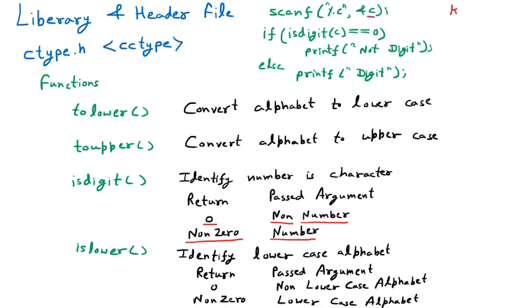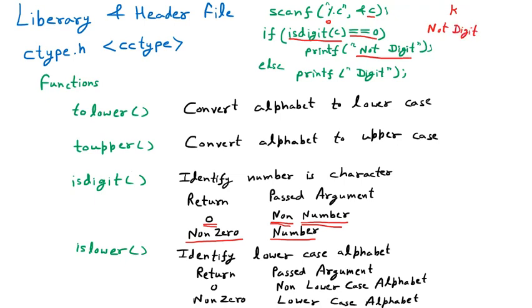Now we know that if it is not a number, the answer will be 0. That means isdigit of c, where k is not a number, will become 0. So 0 is equal to 0, and the answer will be it is not a digit.